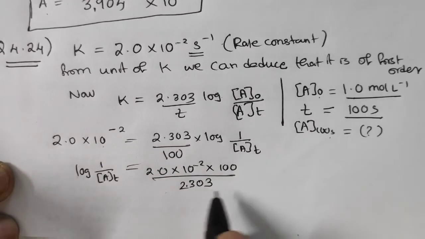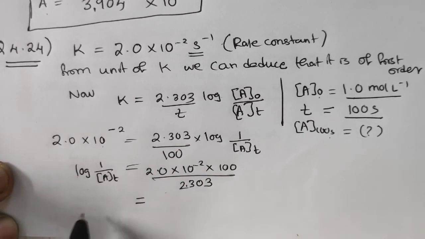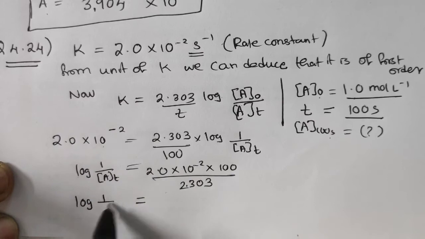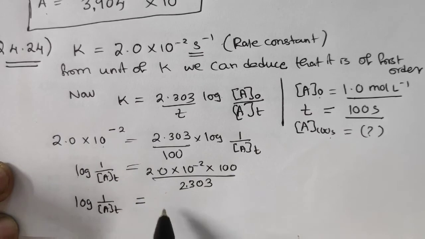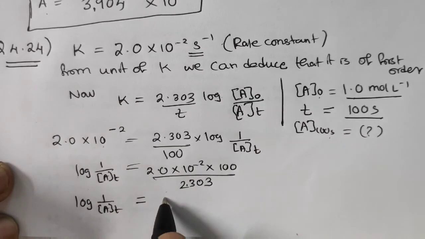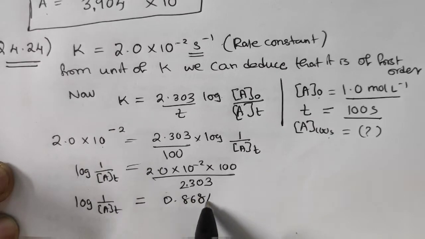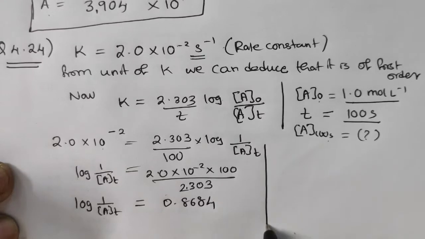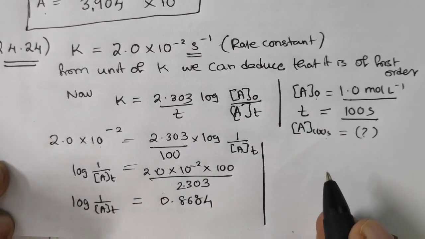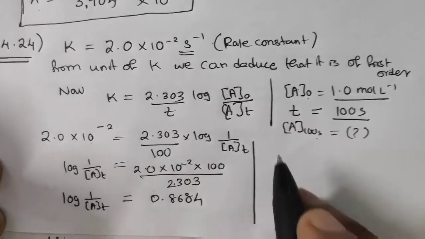If you simplify this, log 1 by A will be equal to 0.8684. So we got the value of log 1 by A. Now log 1 by A means what?